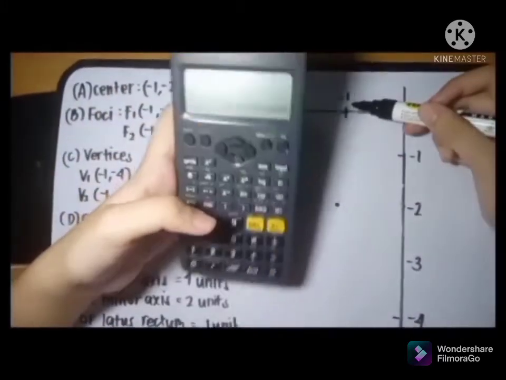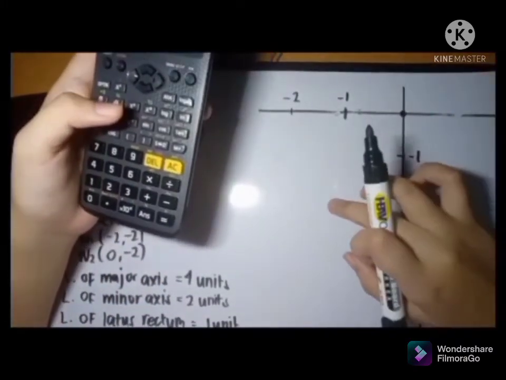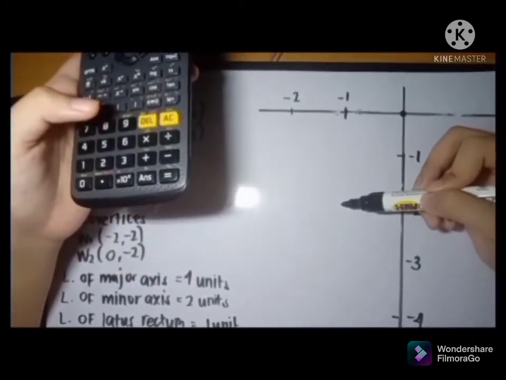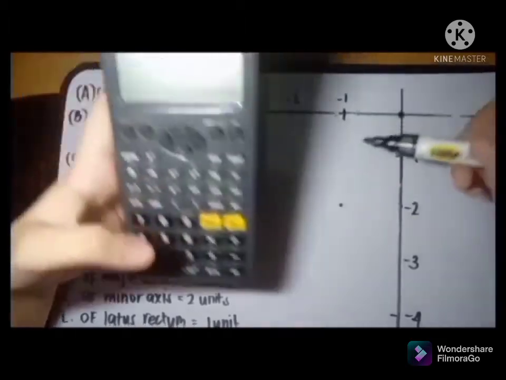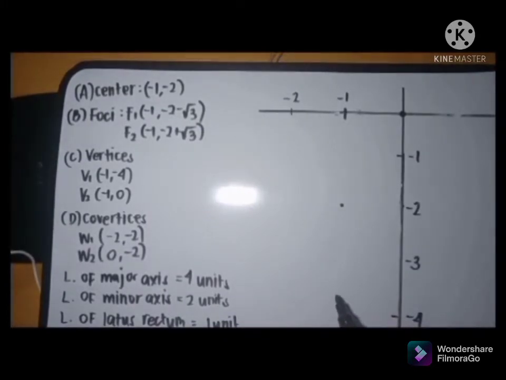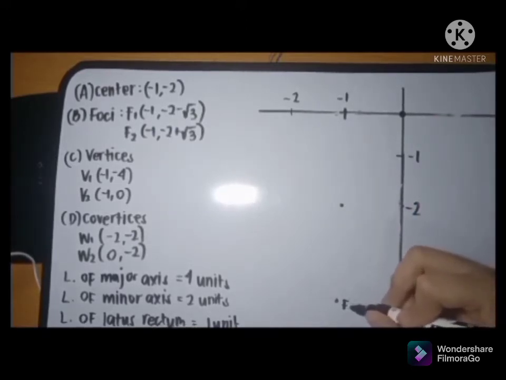So -1, I'm going to plot it, -1 and then -3.73. I'm just going to align it, assuming that -3.73 is right here, but not actually lying on the point 4. So that is our f sub 1.